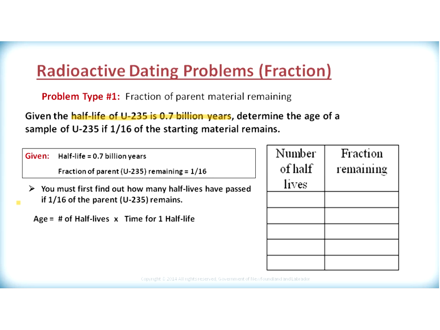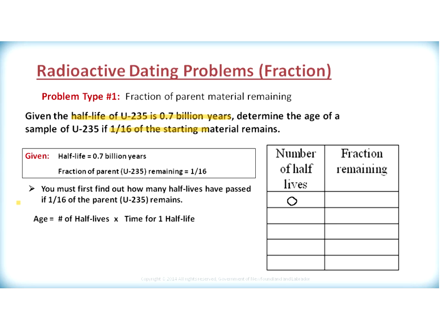Also, we know that the sample has 1/16 of the starting material remaining. So if the starting material starts with a fraction of 1/1, then we can calculate how much of the sample remains after 1/16. To figure out the number of half-lives, we always start off with 0 half-lives.